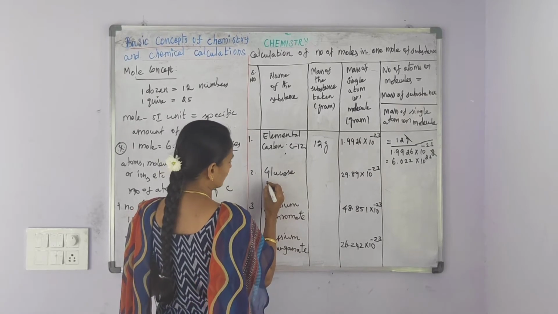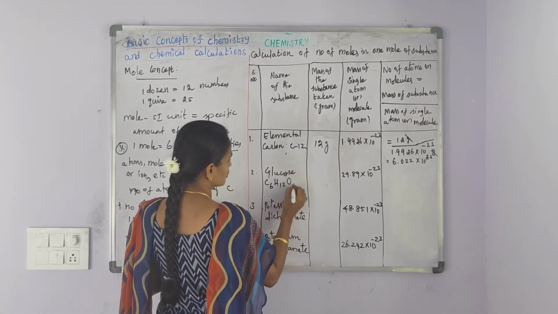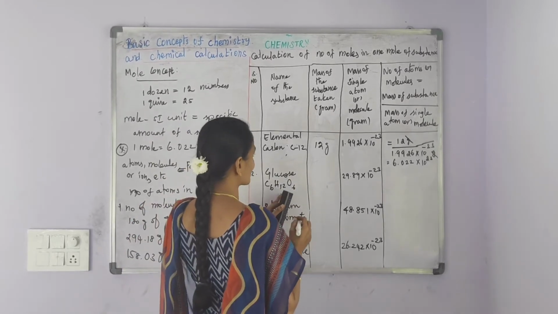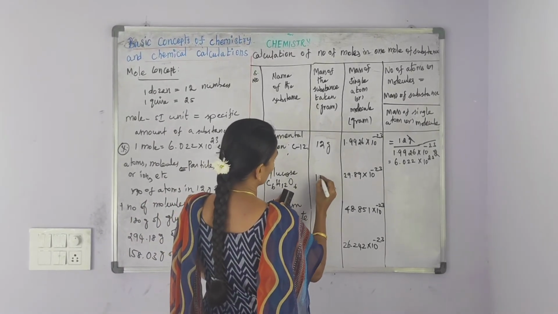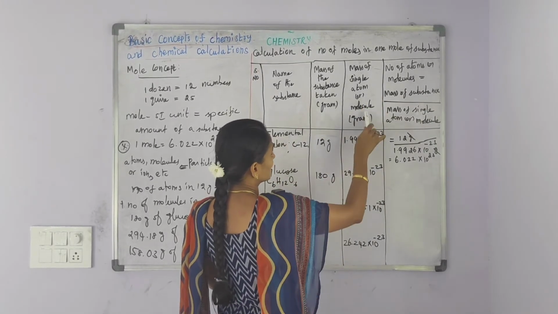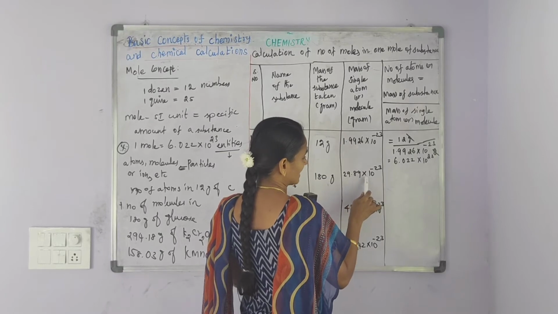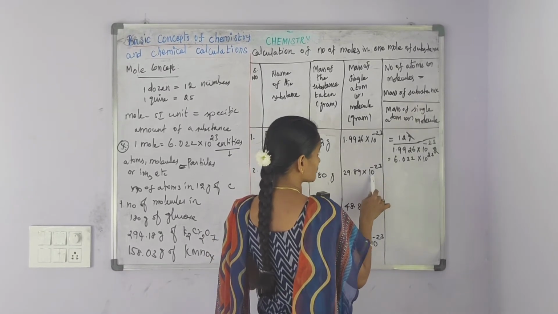And then second one is glucose. Its formula is C6H12O6. Mass of the glucose is 180 gram. Mass of single glucose molecule is 29.89 into 10 power minus 23 gram.